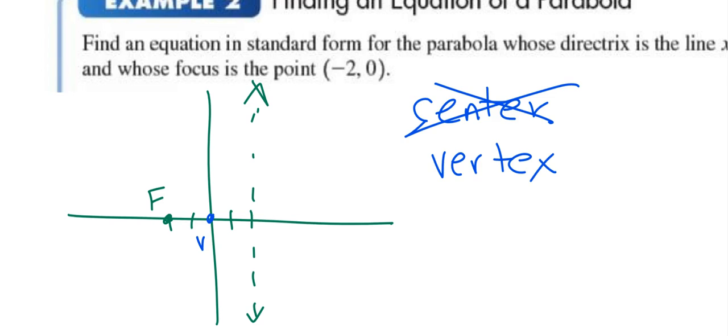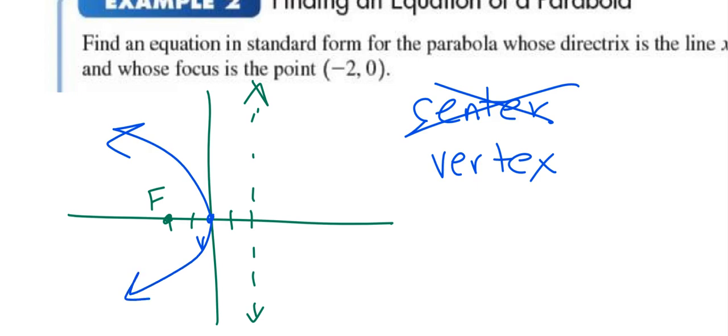For you football fans, that's half the distance to the goal. Has to be halfway in between, folks. Okay. Which way does this open? Has to be halfway between the focus and the directrix. It opens to the left.